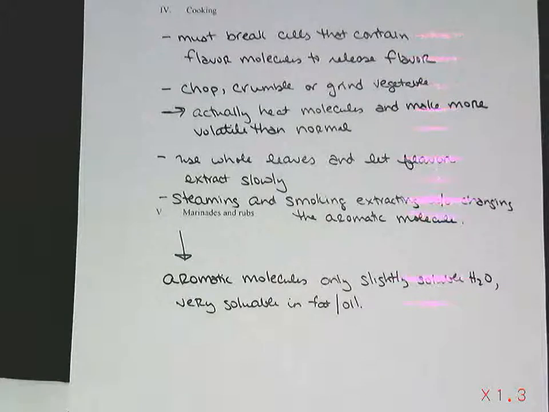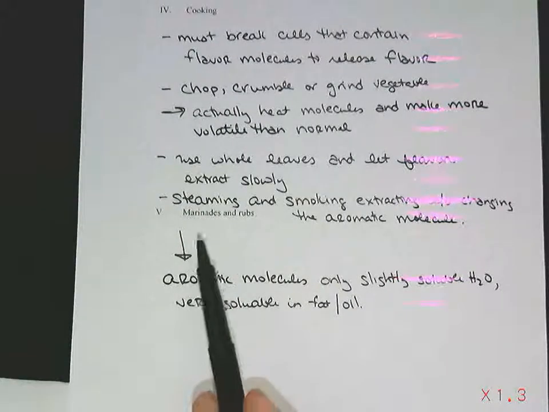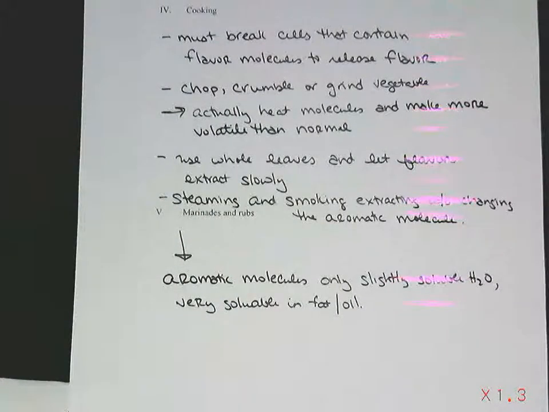Now, like we talked about when we were talking about tenderizing food, when we make this marinade with these aromatic molecules, the liquid, if it has salt in it, or if it has some of these other tenderizing enzymes, that's going to tenderize the meat, which breaks up the proteins and allows these aromatic molecules to enter into the meat.